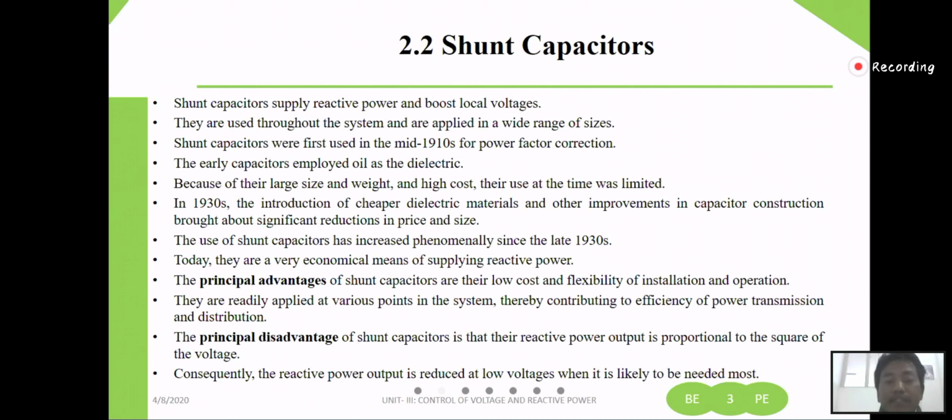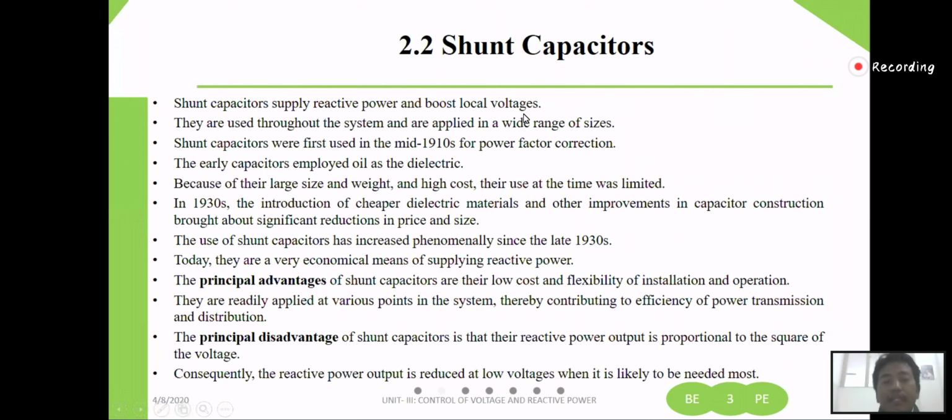We cannot make the reactive power zero, because if the voltage level is low, we have to supply the reactive power and boost the local voltage. If there is no voltage, then definitely you will not get the power, because power equals VI. Generally we can write P equals VI cos phi.